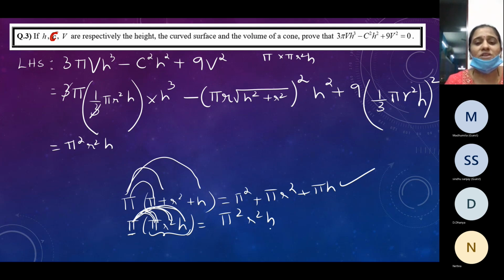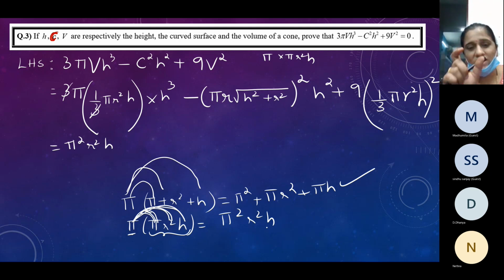Do you get the difference between the two, children? Yes, ma'am. If there are different terms, you should multiply pi with every term. But here pi r square h is only one term, into pi. Pi into pi square, that's all. Do not multiply pi with pi r square and h.